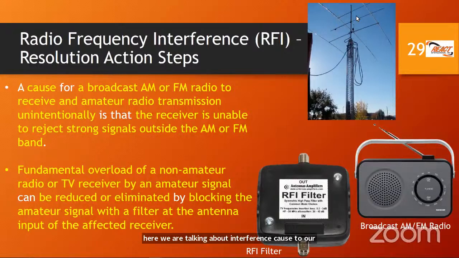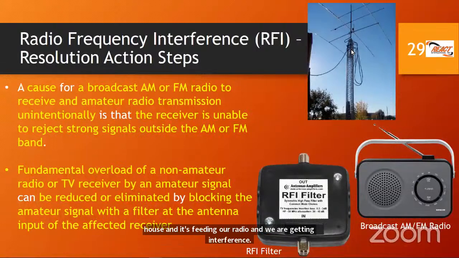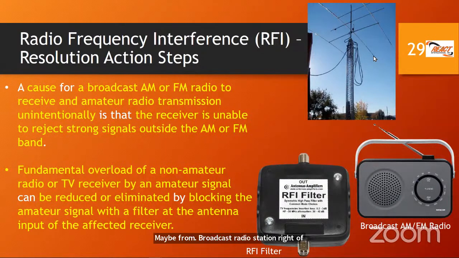So we have our nice big HF antenna on the outside of our house, and it's feeding our radio, and we are getting interference, maybe from a broadcast radio station, or a broadcast TV station or something like that that's broadcasting. Maybe we are close to one of those transmitters. And maybe our station or receiver is not able to reject those stations, right?